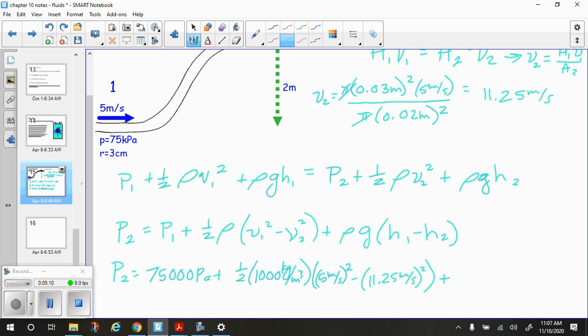Then we add the density of water, 1,000 kilograms per meter cubed, times g, which is 9.8 newtons per kilogram, times the change in height, which is 2 meters. Wait, it's height 1 minus height 2. So you would do 0 minus 2 meters.